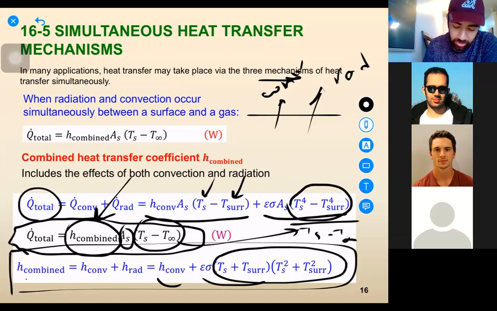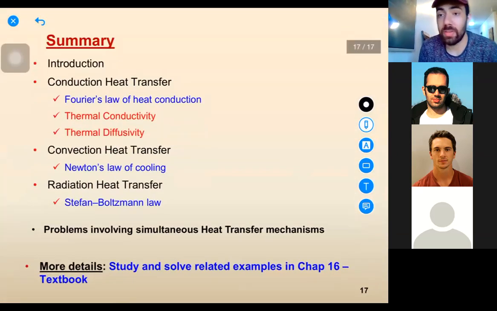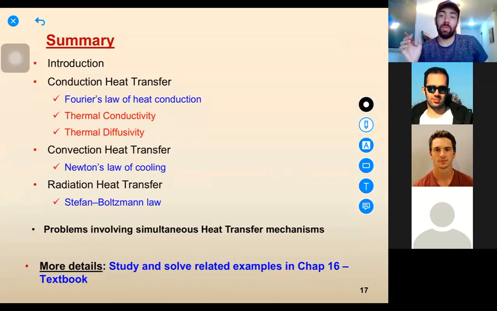So it is your H of combined that is being used in the problems where you have a combined term of convection in line with the radiation term.